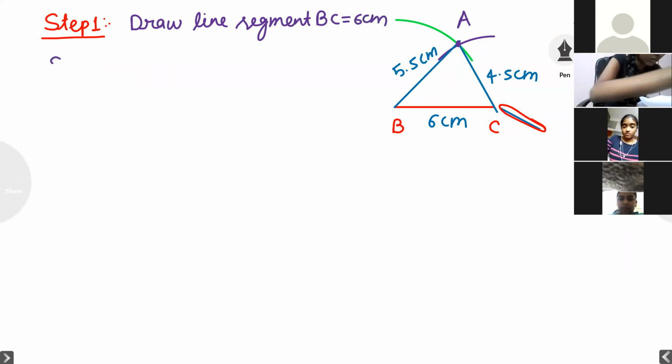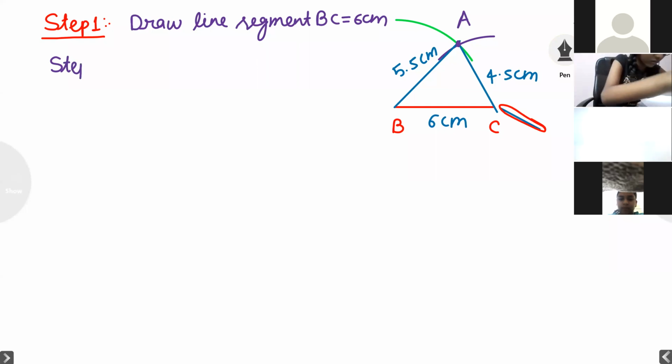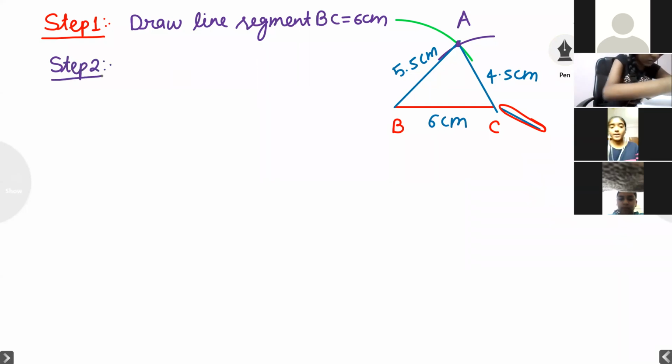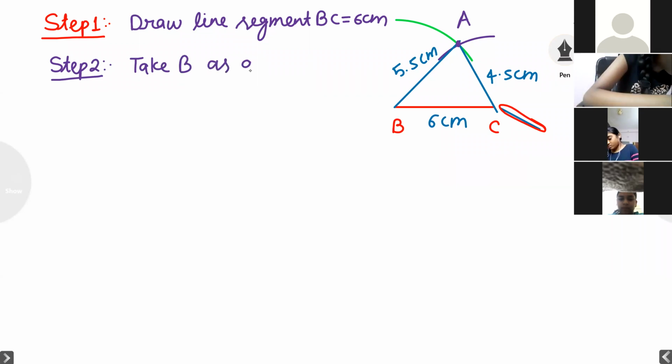Step 2, take B as a center. Center spelling is CENTRE, not ER.